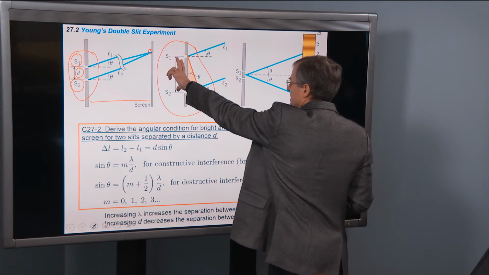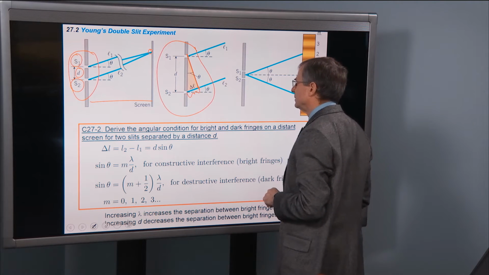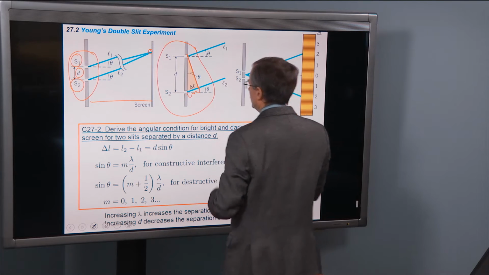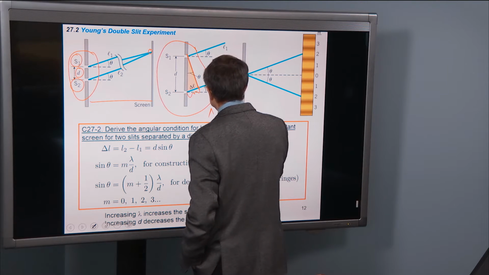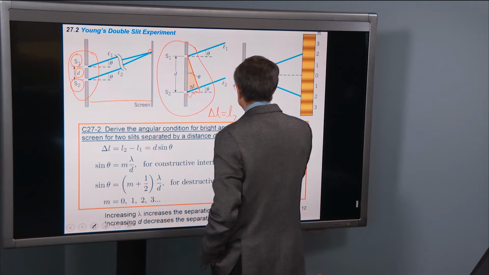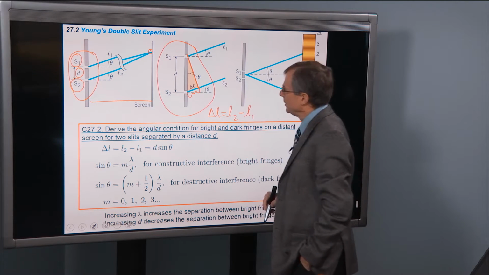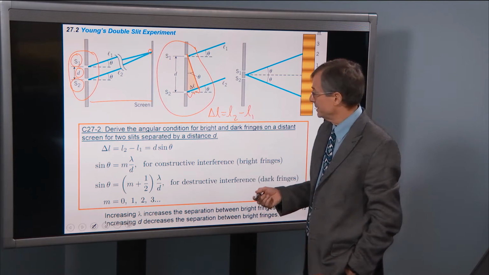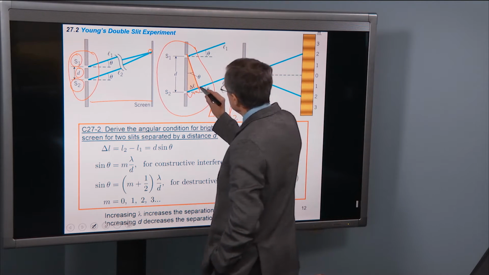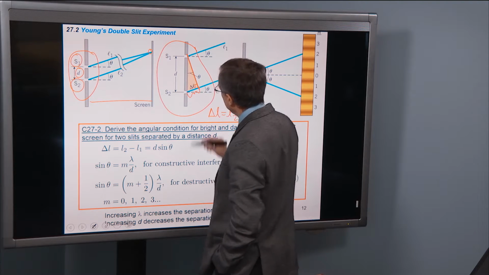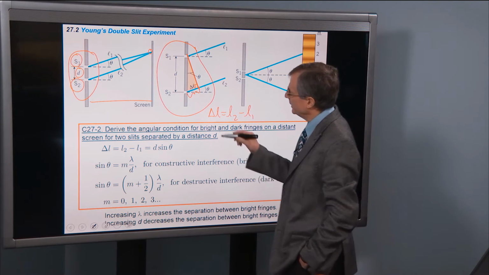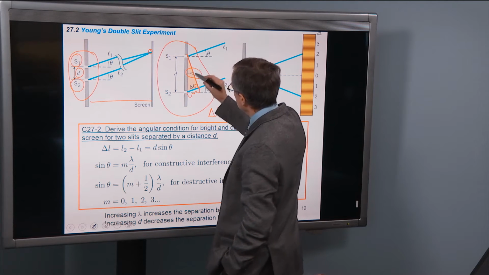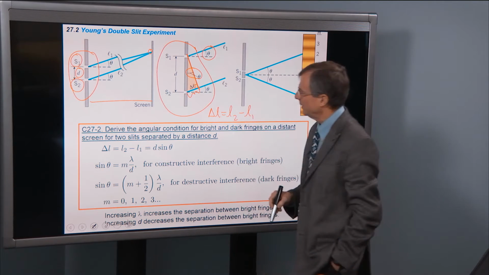If this is D, the slit separation, and this is delta L, which is L2 minus L1, then we can look at this triangle and relate D to delta L. Well, this is a right angle here, and this angle theta is equal to this angle theta here.